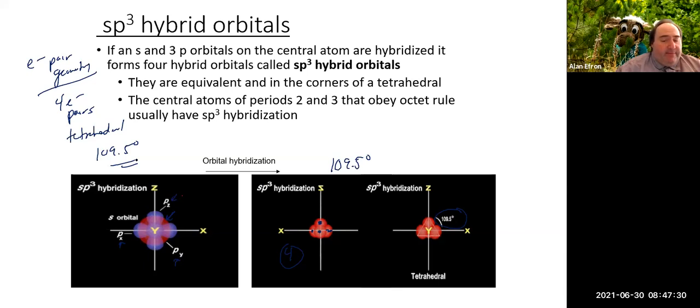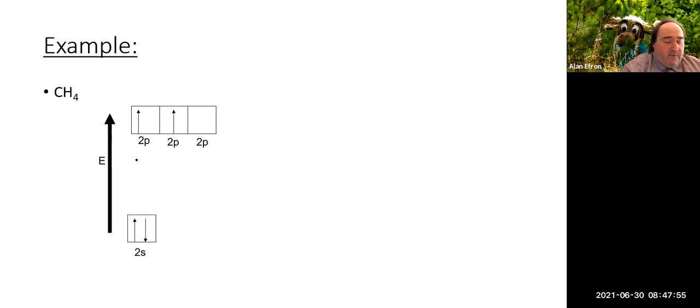And again, we have basically the same process happening here. We're going to get those hybridizations to occur, and in this case generate 4 equal hybrid orbitals of the same shape and the same energy, which again allows better overlapping. An example of this would be CH4. Here, what we're looking at is carbon.